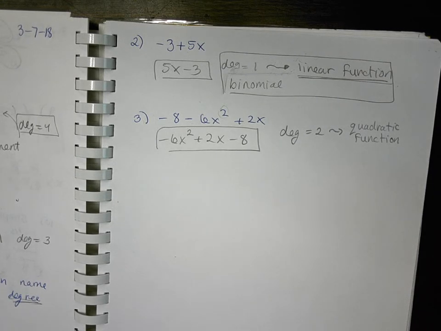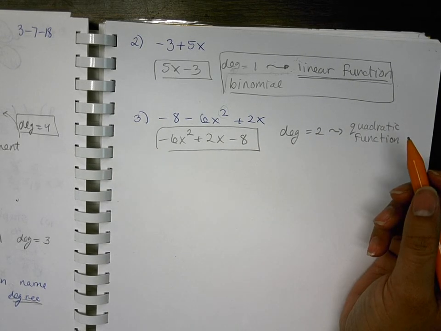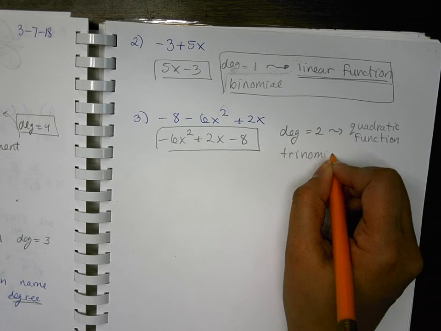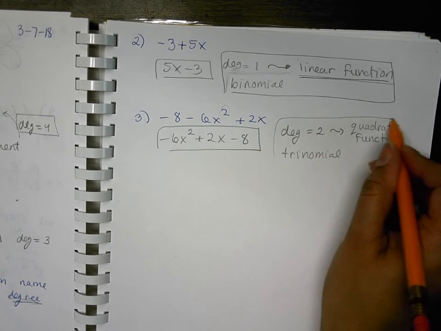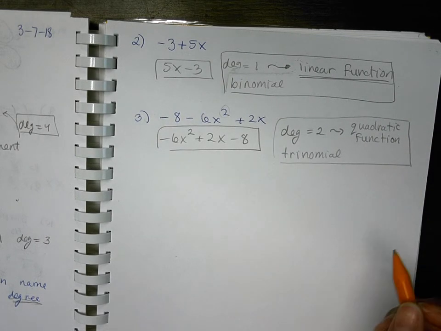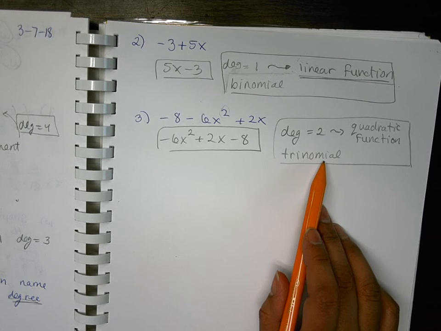What is it: monomial, binomial, trinomial? Trinomial. What determines whether it's quadratic or cubic or linear? The degree, not the trinomial or binomial or monomial. Got it?